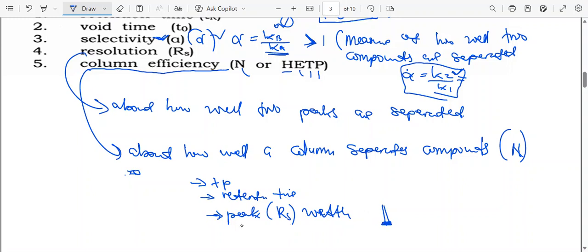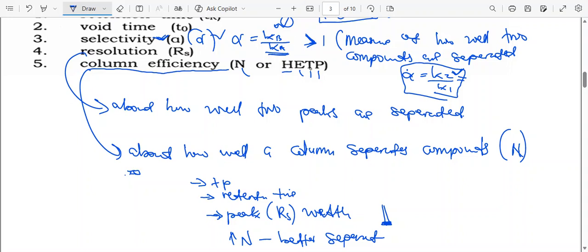In short, a higher number of plates gives better separation. With an increase in the number of plates, we get better separation. That is what we can say about that.